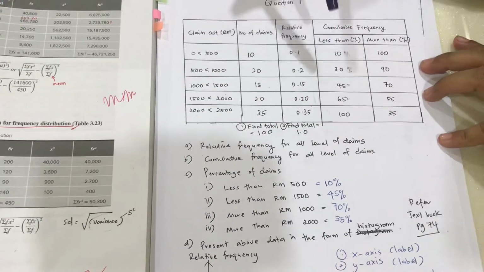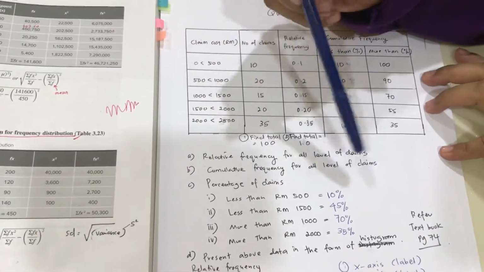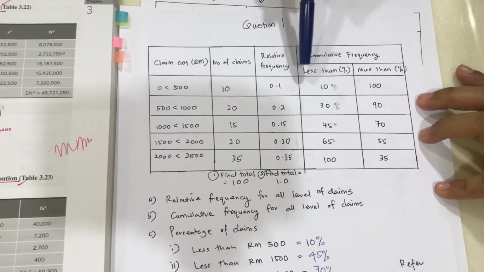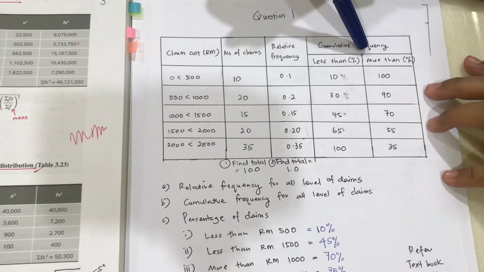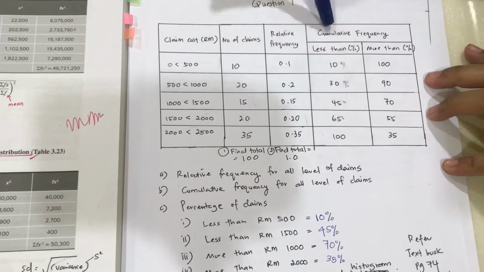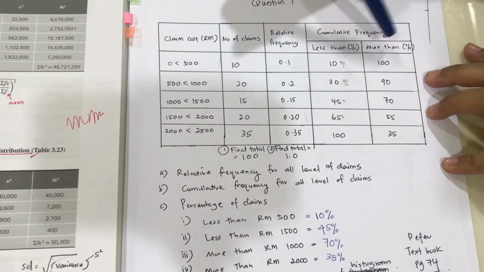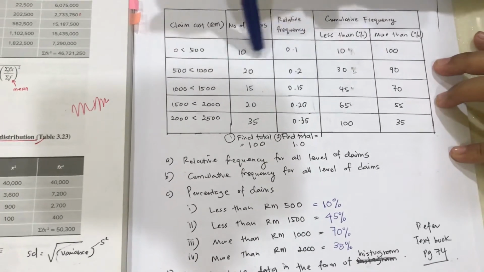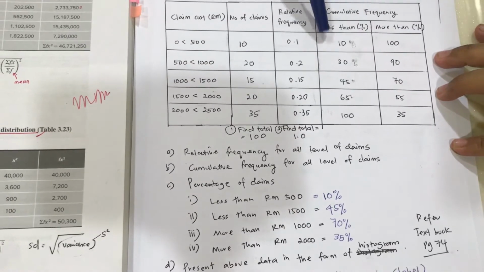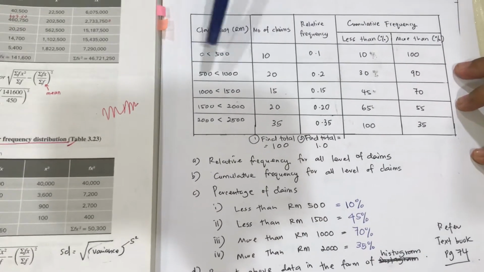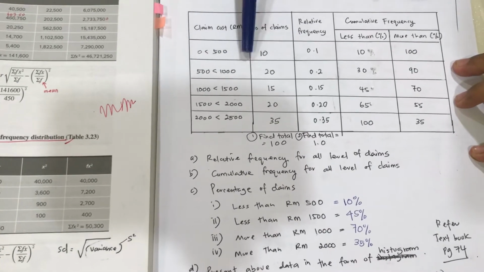Then we proceed to calculate the cumulative frequency. You have to calculate both less than and more than. How do we calculate the cumulative frequency? You accumulate all the frequencies, the numbers of claims. The first one is less than. You start with 10: for 0 to 500, less than 500 is 10.